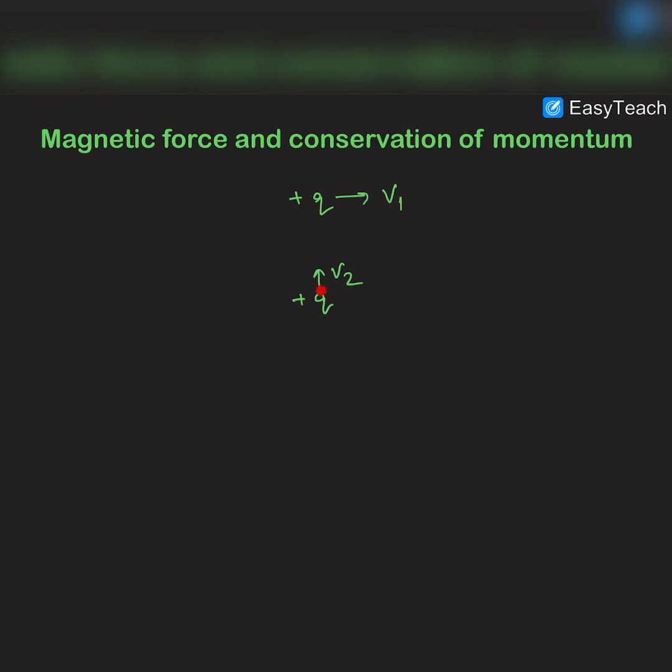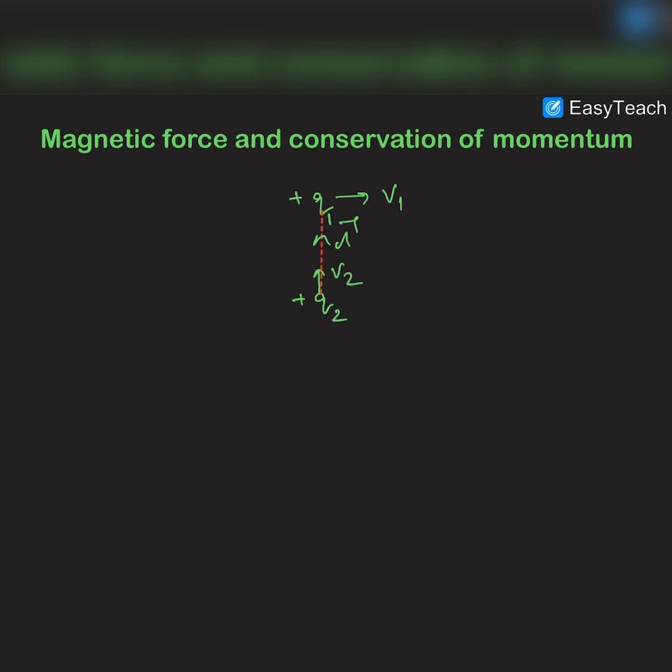The direction of velocity v2 is exactly towards this charge q, and if we draw a radius vector, this radius vector will be pointing exactly towards this charge q. Now let us name this charge q1, and this charge q2.